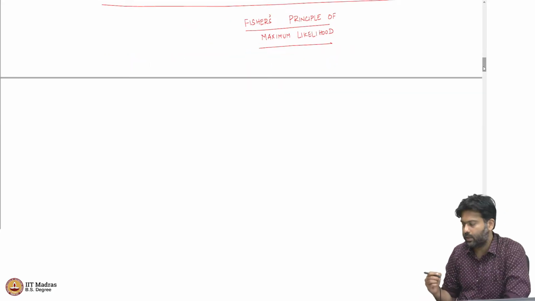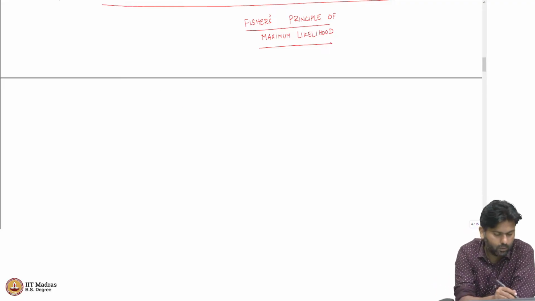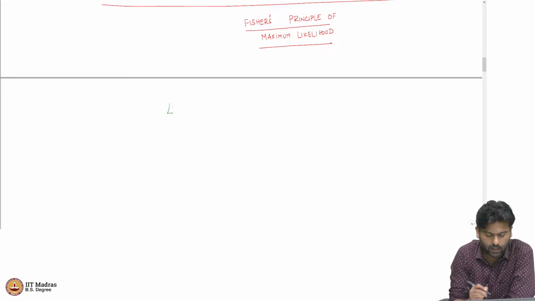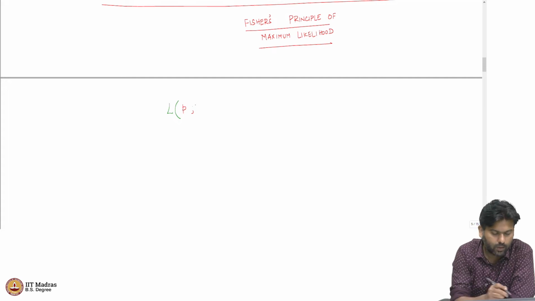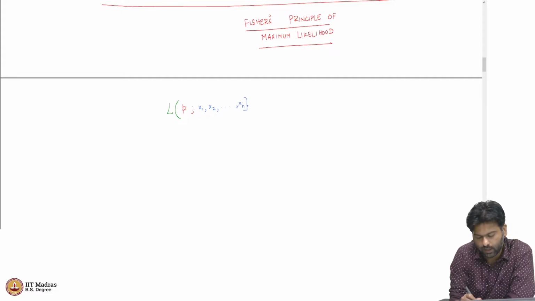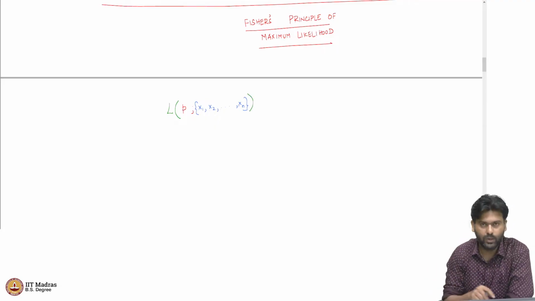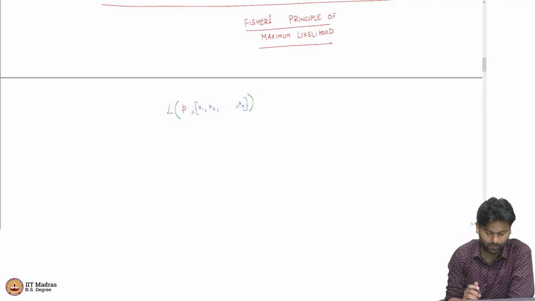So, what does that principle say? It says that you write down what is known as a likelihood function L, which is a function of two things: the parameter that you are trying to estimate, and the data x1, x2, dot dot dot, xn. I see the data and I want to think of this as a function of the parameter, because for every value of p, I am going to ask what is the chance that I see this data.